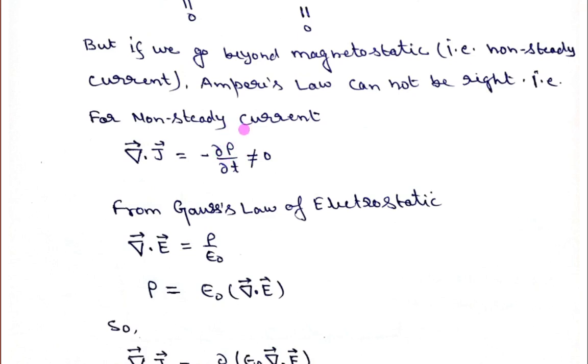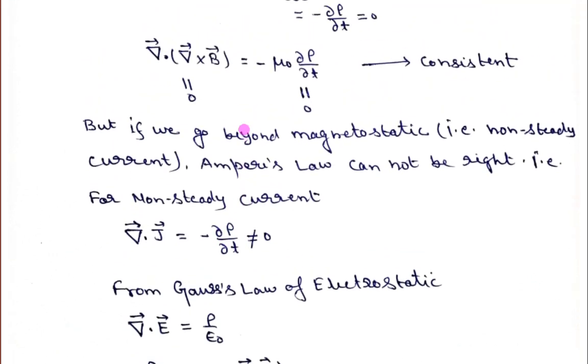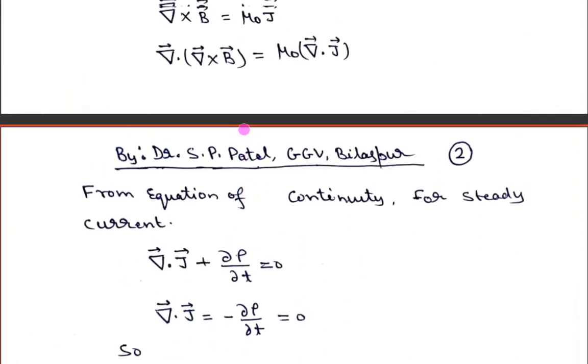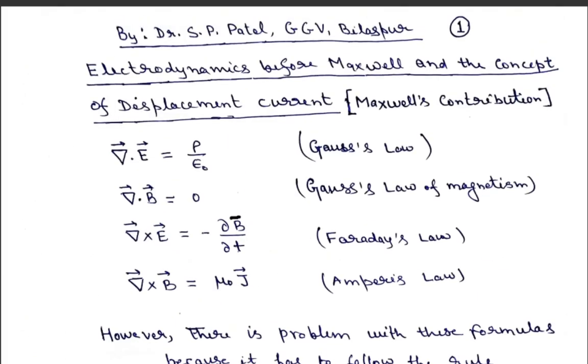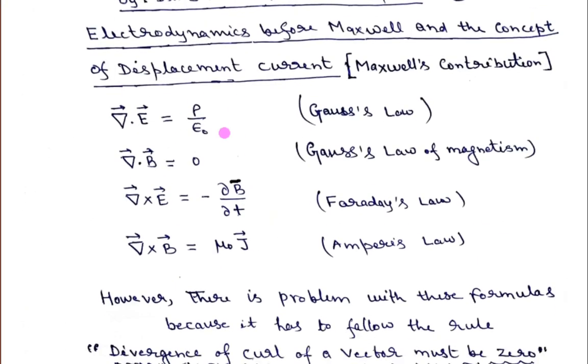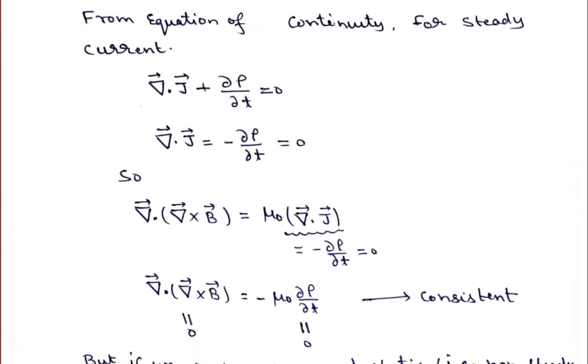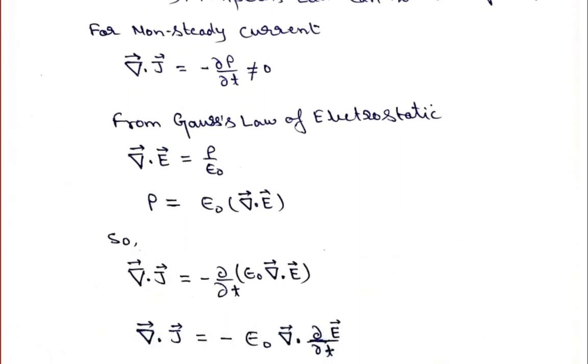Before doing that, we can go to the first equation, Gauss's law of electrostatics, divergence of E is equal to rho upon epsilon 0. So we can find the value of rho: rho is equal to epsilon 0 times divergence of E.